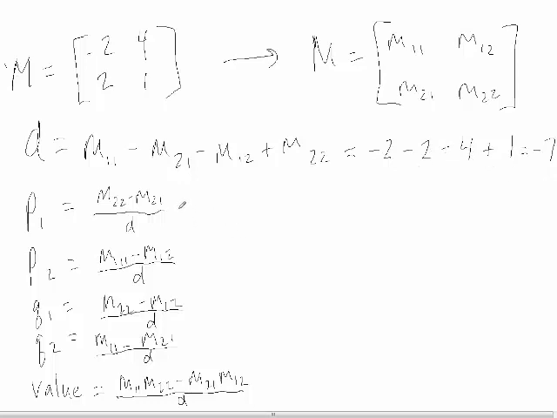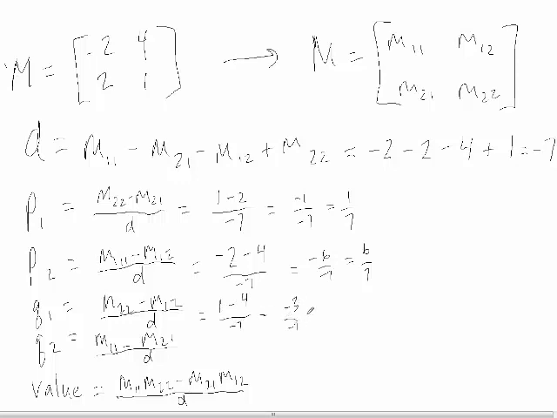And so P1 is, some simple calculations just give us M22 minus M21 over D, and M11 minus M12 over D, then M22 minus M12 over D, and M11 minus M21 over D.